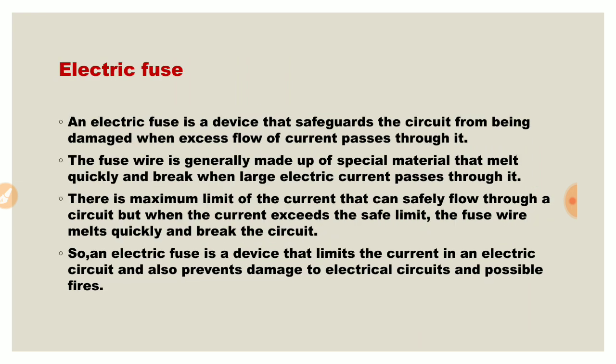Now the third one is electric fuse. What is an electric fuse? Electric fuse is a device that safeguards the circuit, जो circuit को बचाता है from being damaged. कब? When excess flow of current passes through it. So, fuse wire is generally made up of a special material like copper or any other metal that melts quickly and breaks the circuit whenever a large electric current passes through it.